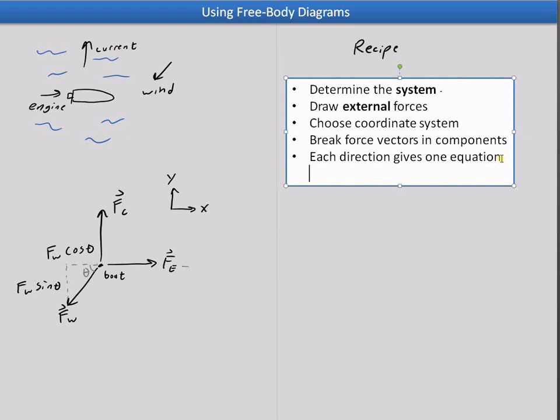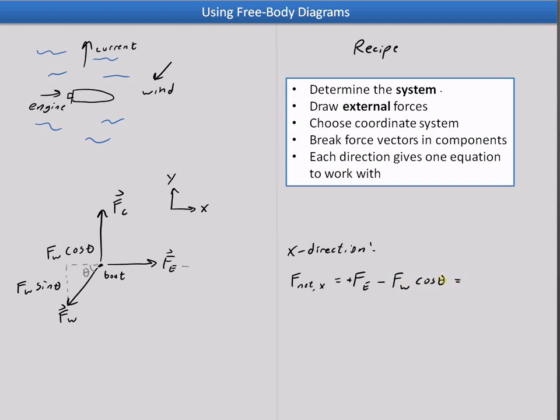So then each direction gives one equation to work with. So we'll have, in this case, from the x direction, the net force in the x direction is equal to the magnitude of the engine force to the right, so we'll say that's positive, and then to the left, so that must be negative based on the coordinate system I drew here, the magnitude of the wind force times cosine theta.